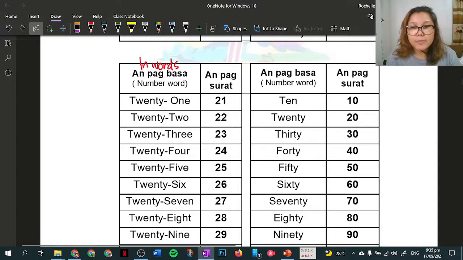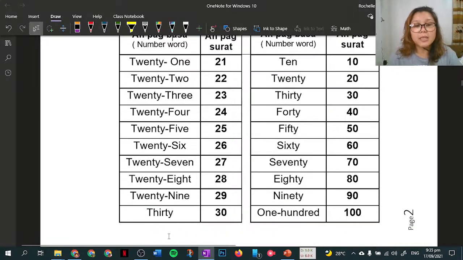Ang medyo mahirap lang dyan is after 10, which is 11, until 20. Kasi iba din ang pattern. So, unlike with the 20s, 30s, 40s, 50s, 60s, 70s, 80s, 90s, so may pattern na lang siya. This is the word 20, meron na siyang kapartner na 1, 2, 3, 4, 5, 6, 7, 8, 9, and then sunod na is 30.